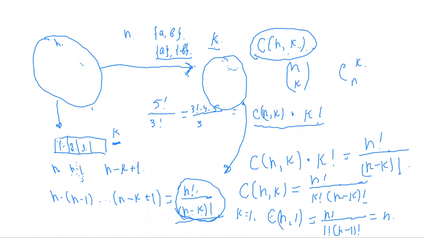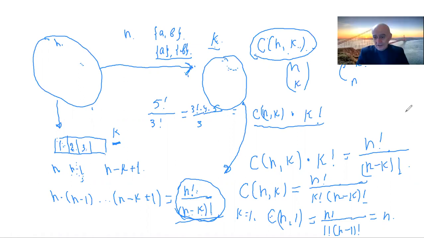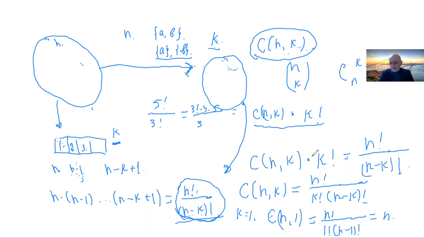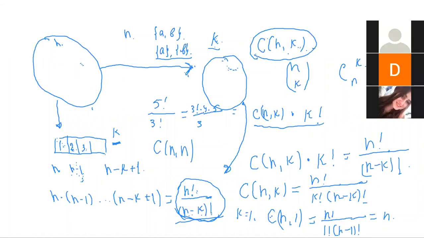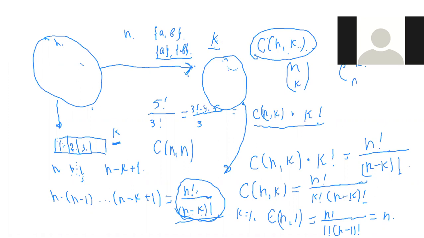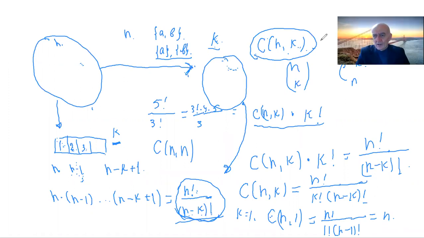Okay. If no questions, I have the next question. What do you think? What is C(n,n)? One. So Elena thinks that this is 1.